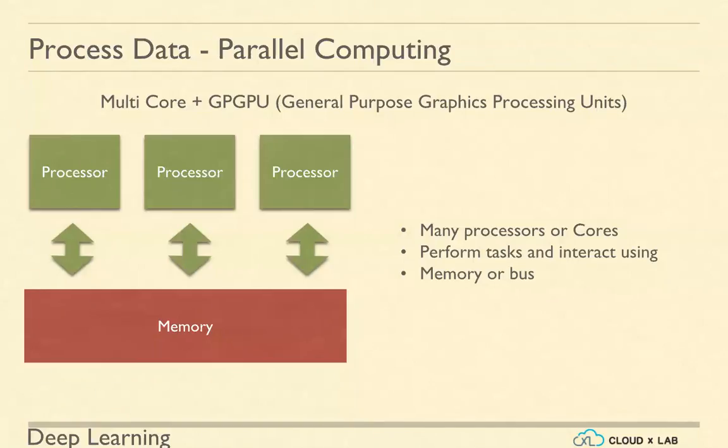Basically, you have many processors in the same computer. That's called either multi-core or GPU, though they are two different things. In case of multi-core, you have 1, 2, 3, 4 cores. But in case of GPU, you have hundreds of cores in the same machine. That's why they're able to do a lot of processing really fast.